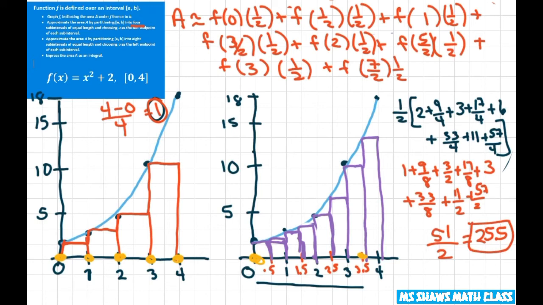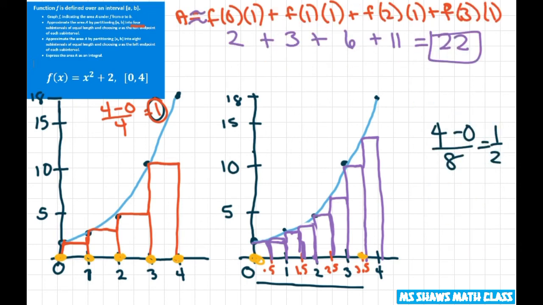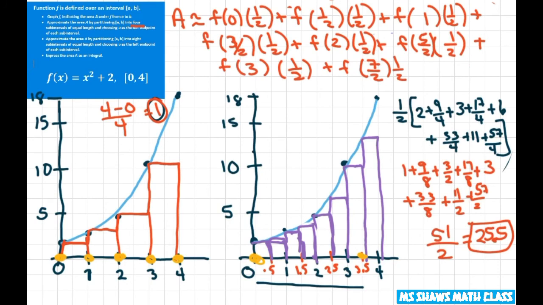So if I compare this, we have 25.5, and the first one we did was 22. So usually the more that you do, the more exact you get.